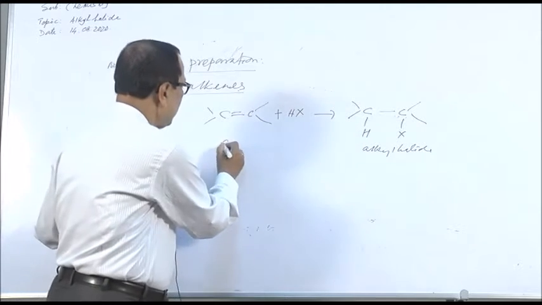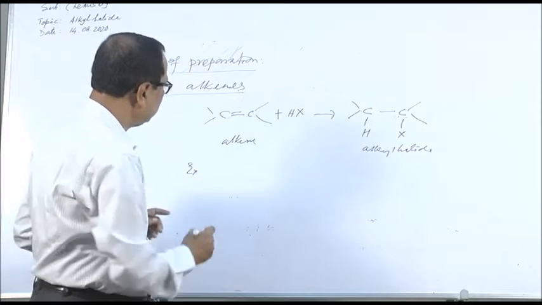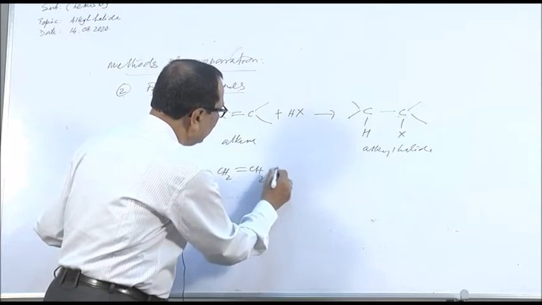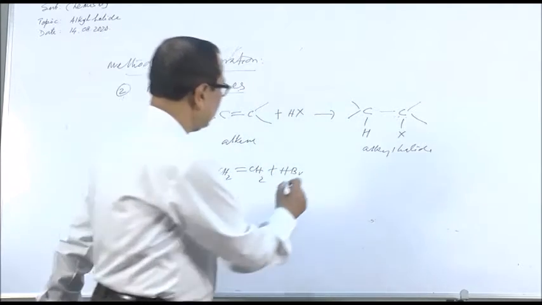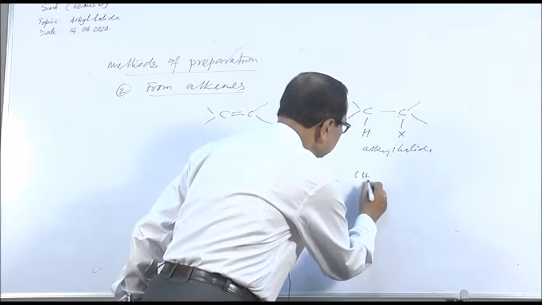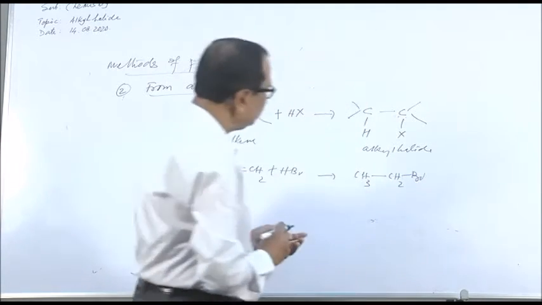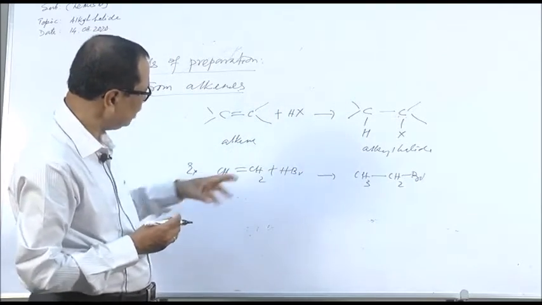This is your alkene. For example, if you treat ethylene, CH2=CH2, plus HBr, the product formed will be CH3CH2Br. Here the reaction is simply an addition reaction, as you see from this general reaction.